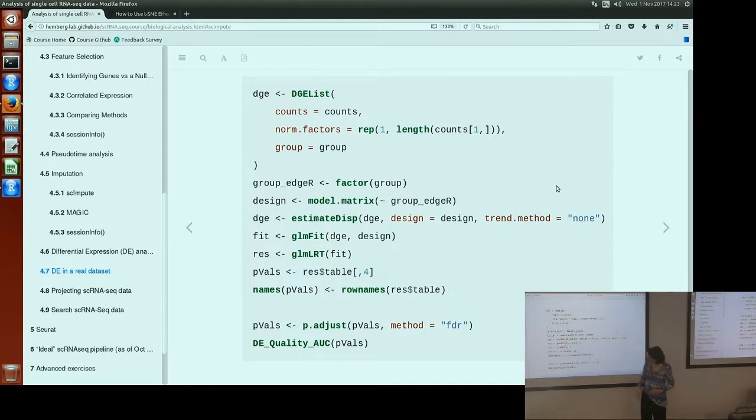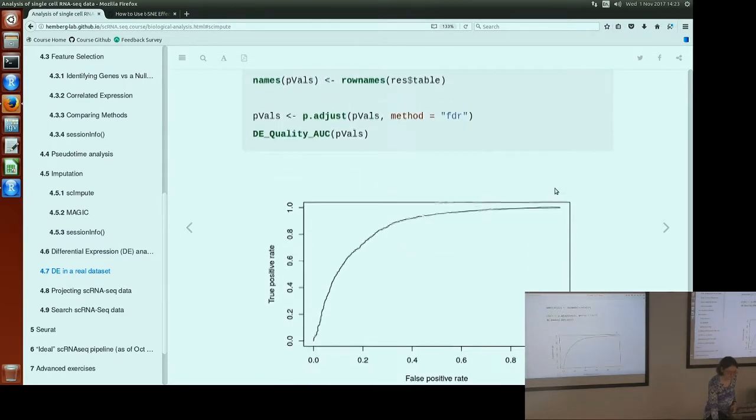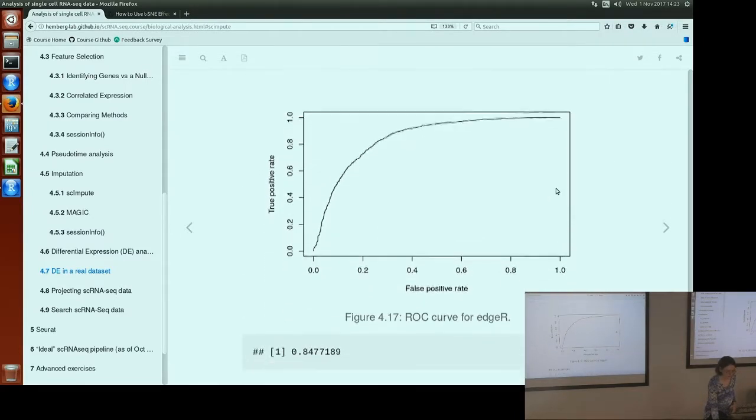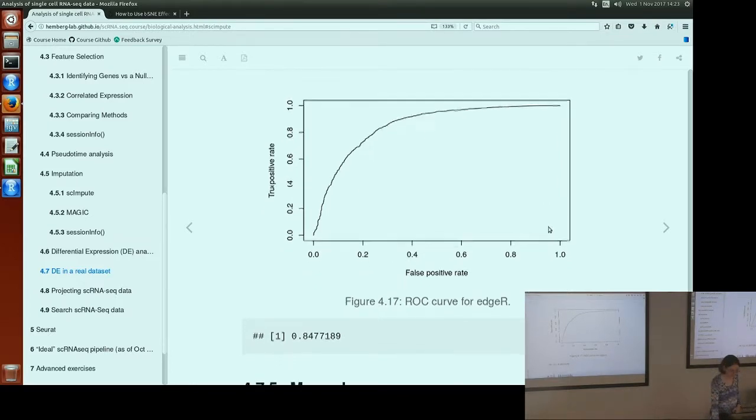And then we can extract the p-values and run our quality function again. So this is the results for edgeR, and we get an overall AUC of 0.85. So even though it's using a model that doesn't really fit single-cell RNA-seq data very well, it actually performs quite well on this data.